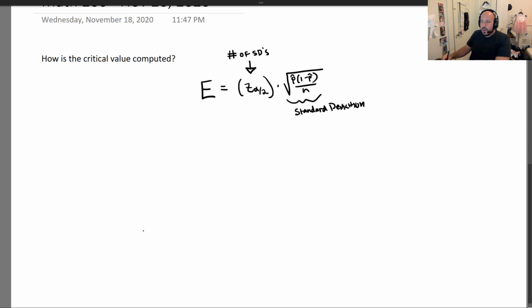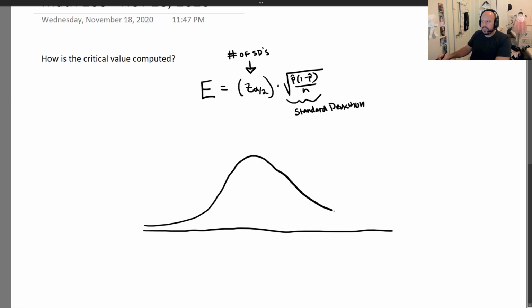Our goal is to trap whatever percentage of the values we want, within that particular distance.